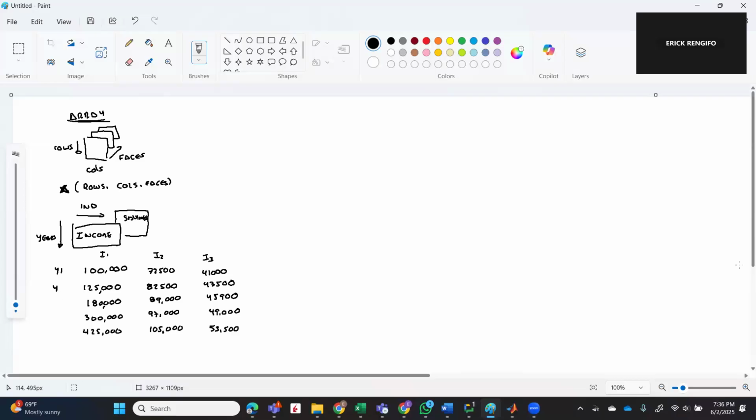So this is year 2, year 3, year 4, and year 5. And this is income. And this is my first phase. And the second phase, the same. I have individual 1, individual 2, individual 3, year 1.